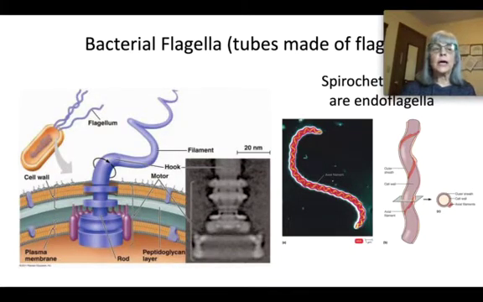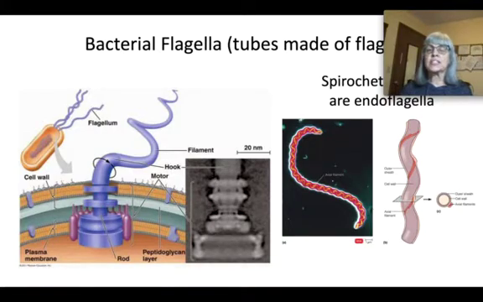Now, usually the flagellum extends from the bacterial cells, but there's one exception. That exception is with the spirochete, the bacteria that's shaped like a spirochete. They do not have an external flagellum if they're motile.